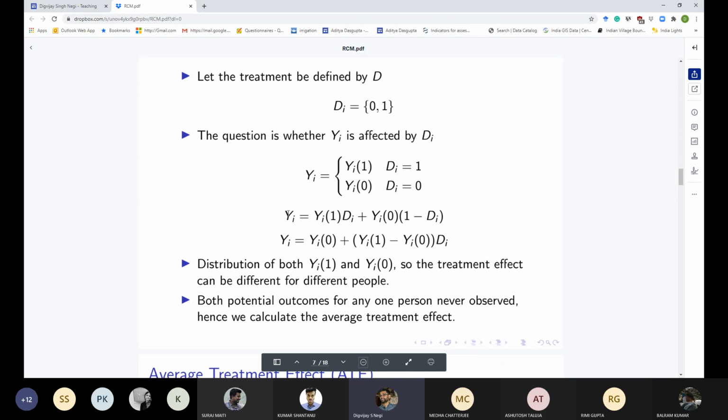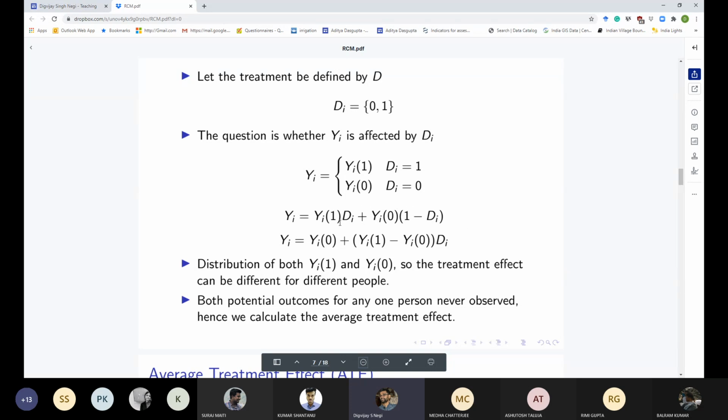You can express the observed outcome Yi as a linear combination of these two potential outcomes. You can write it like this: Yi(1), the potential outcome under treatment, times Di, plus Yi(0), the potential outcome under control, times (1 minus Di).